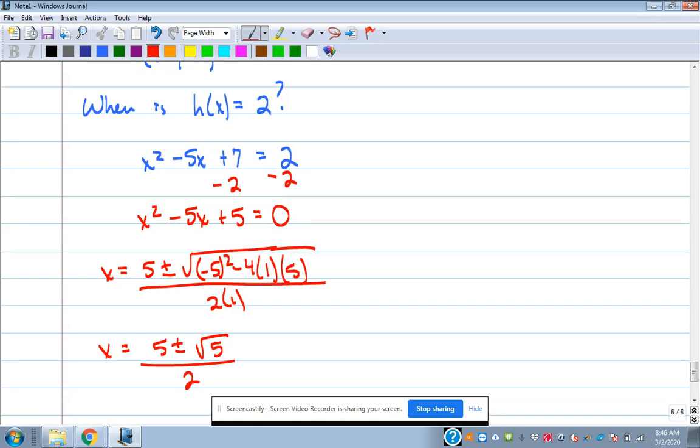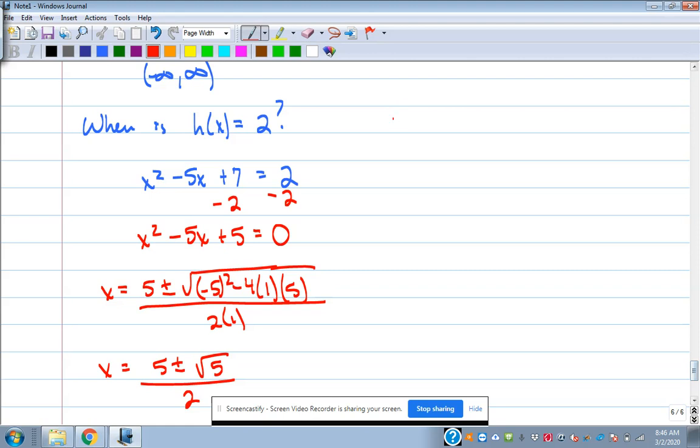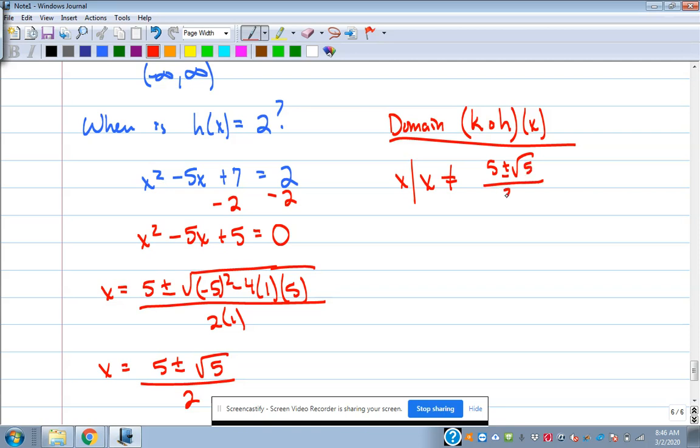So the restrictions on the domain of the composite function, so domain of k composed with h, is x does not equal those things: 5 plus or minus the square root of 5 over 2.